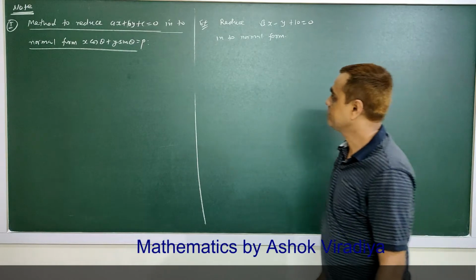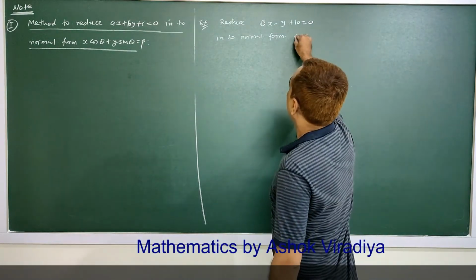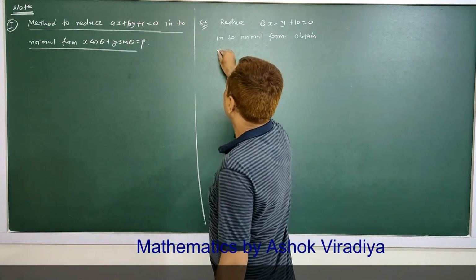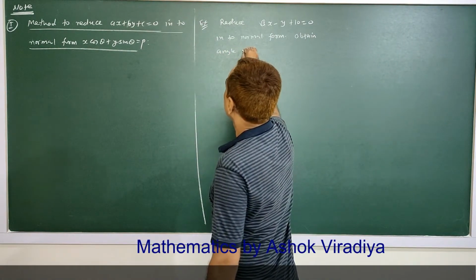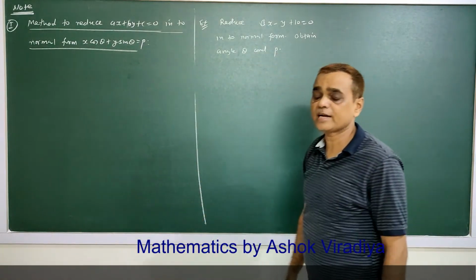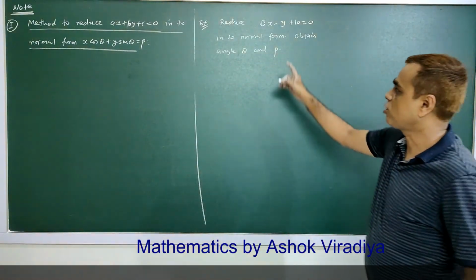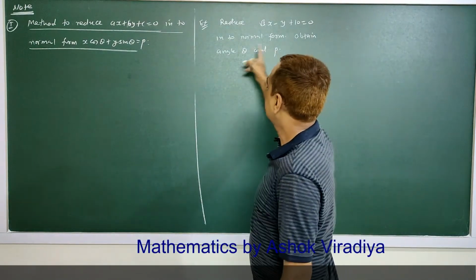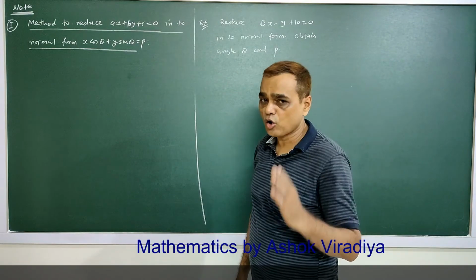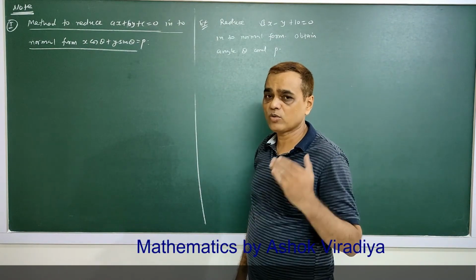After reducing into normal form, obtain theta and p. That means the length of the normal p and the angle theta, which is made by the normal with the positive x-axis.